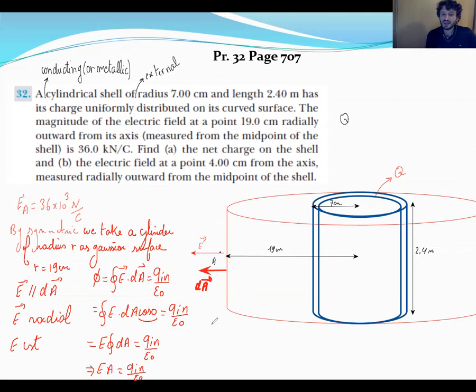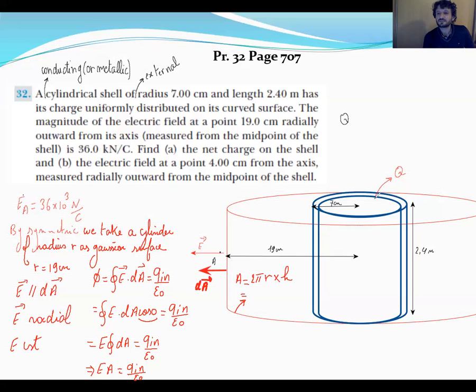A is the area of the Gaussian surface. A must equal the perimeter of the ring times the height, so it equals 2 pi R times H. Now Qn: in this case, the charge will be distributed not on all the body of the cylinder, just on the surface.